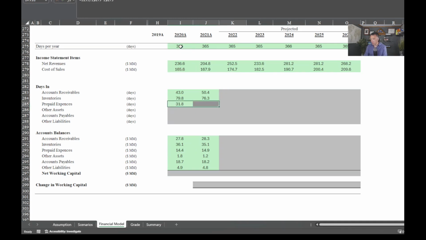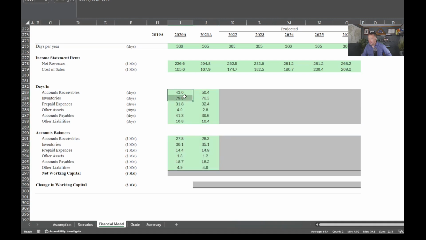And then that's going to be correct. So now what we did was we filled in our days in perfectly. So we have our days in and our balances solved for our actual years.